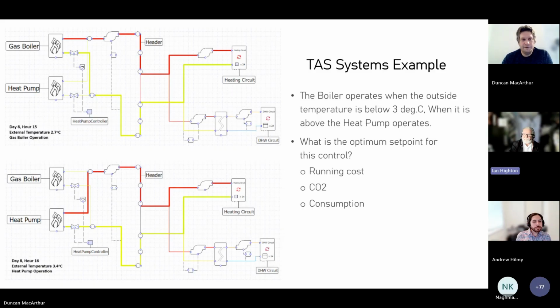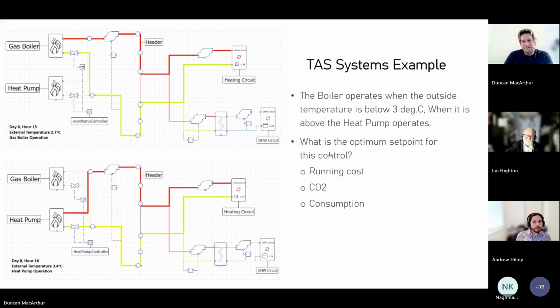So it's better to use the heat pump when obviously you've got a beneficial differential temperature. Yeah, exactly. There's certain temperatures below which the heat pump performance drops off, and it might be better to use the gas boiler.